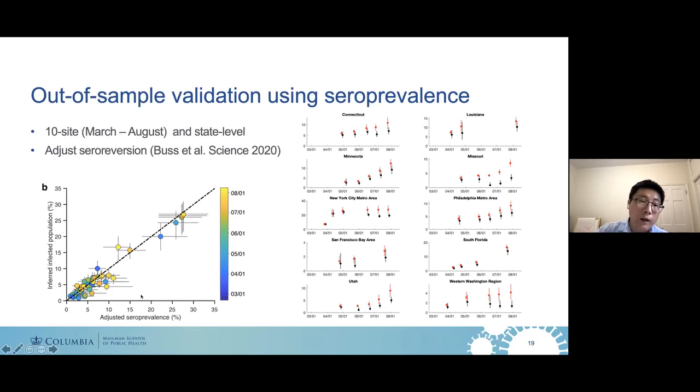And in this figure, the x-axis shows the adjusted seroprevalence, and the y-axis shows inferred infected population using the model. And the color indicates the date of sample collection. So we can see the model inference can decently capture and match with the adjusted seroprevalence data in the US.